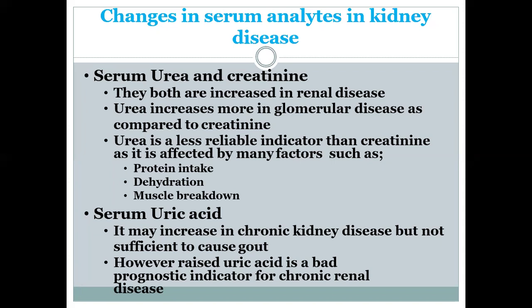Then serum uric acid may increase in chronic kidney disease, but not sufficiently to cause gout. However, raised uric acid is a bad prognostic indicator of chronic renal disease.